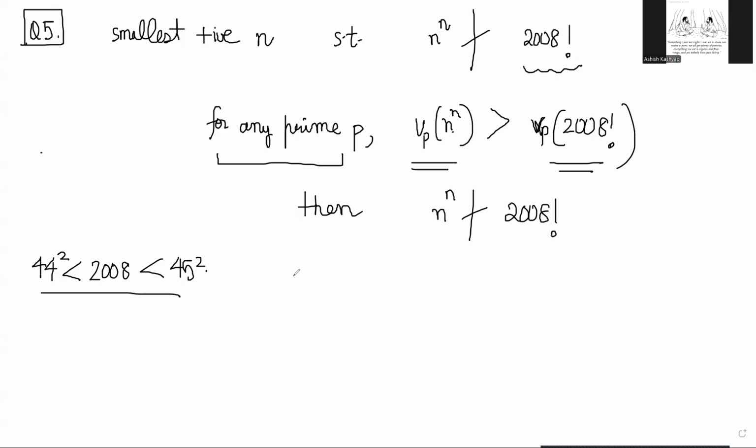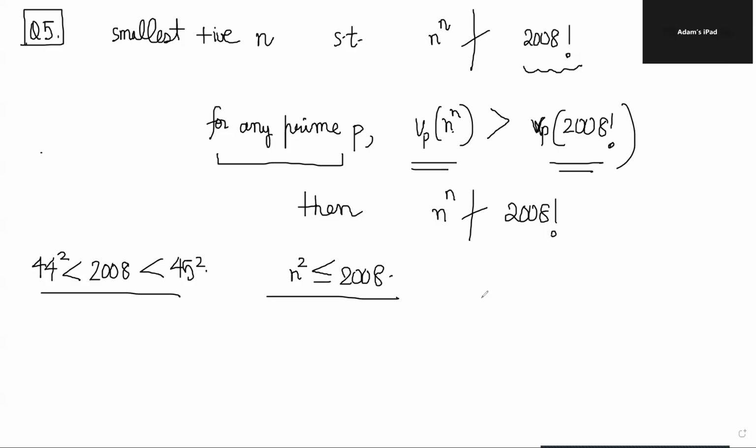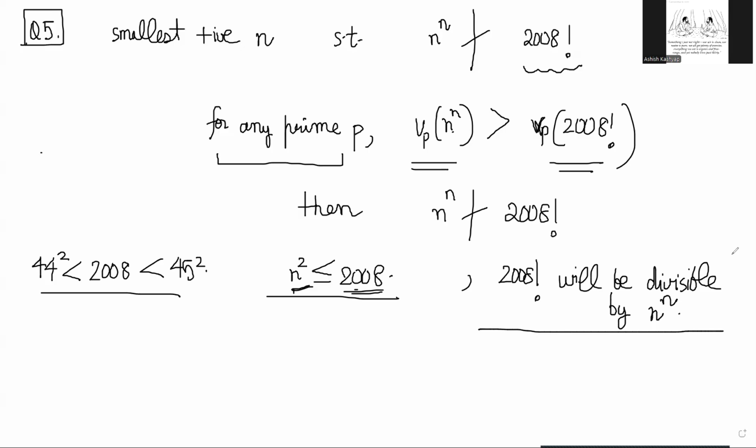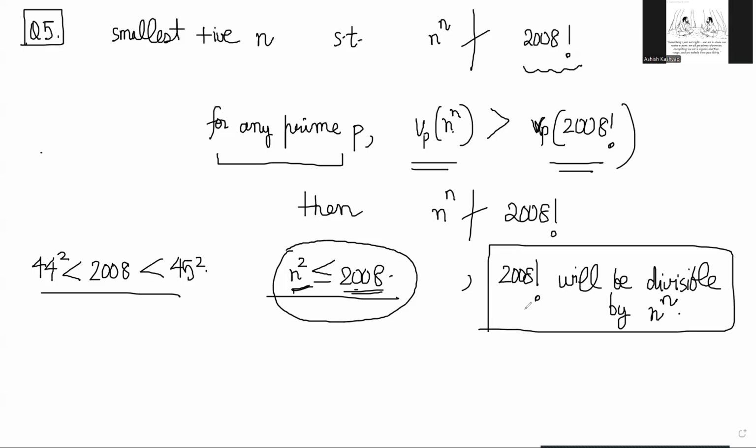So for any n for which n square is less than 2008, 2008 factorial will be divisible by n power n. Why?